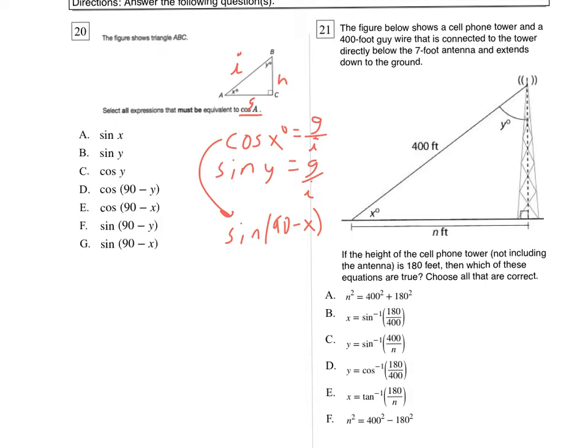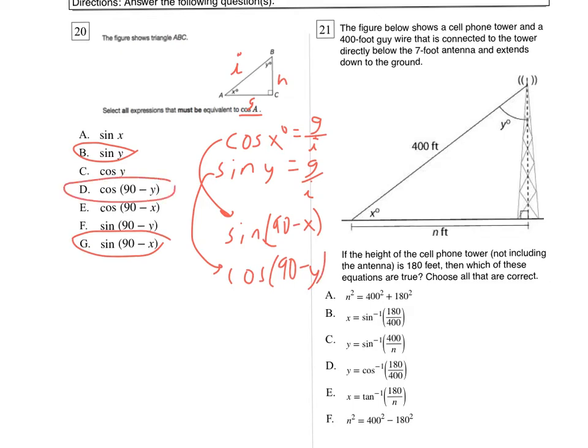So sine of 90 minus x, and then sine of y, and then cosine of x is not there. Oh, but you know what will also work is sine of y I could turn into cosine of 90 minus y, once again using that same rule, so D is also an option.